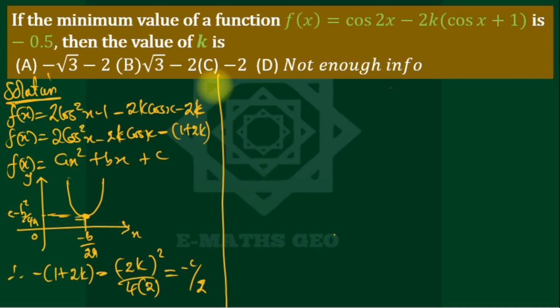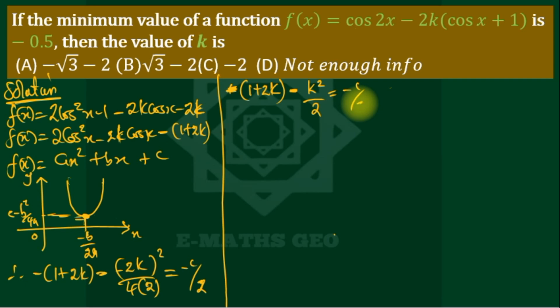So I have k squared: minus 1 plus 2k minus k squared over 2. Yes, because this is 4k squared, so 4 and 4, we are left with 2 here, equals minus 1 over 2.